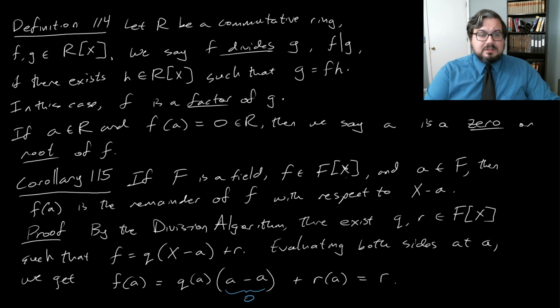This leads us to another result that we're familiar with from basic algebra over the real numbers, but it turns out to be true over any field, which is corollary 116.